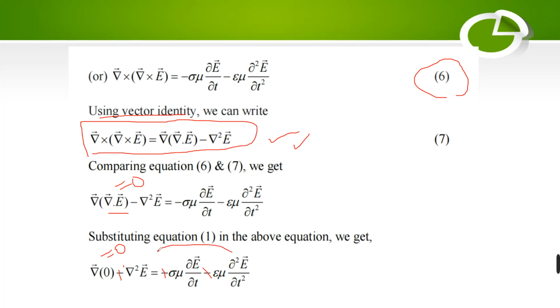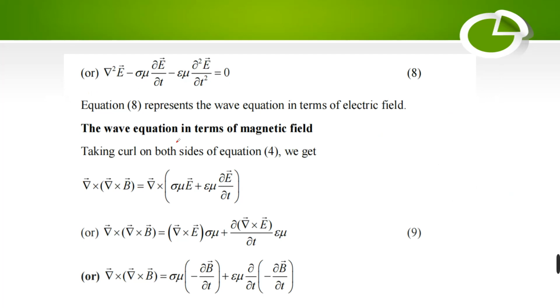So we can bring all the right hand side terms to the left hand side. So it becomes del square E vector minus sigma mu dou E by dou T minus epsilon mu dou square E by dou T square is equal to 0. So this was the electromagnetic wave equation in terms of electric field.